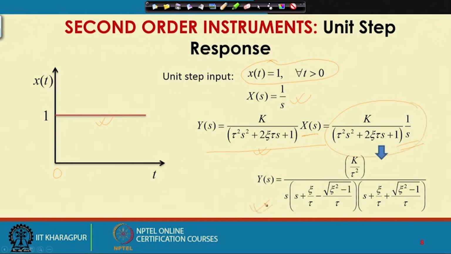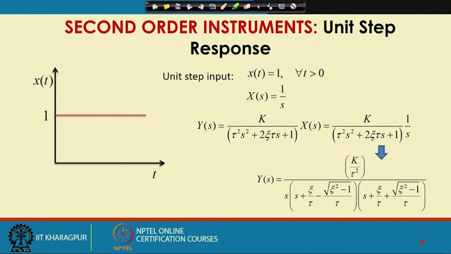I rearrange it so that it becomes easy for me to take the inverse Laplace transformation, because if I now take the inverse Laplace transformation, I will get y t. That means how output y changes with respect to time. So, output as a function of time will be obtained when I take the inverse Laplace transformation of this.